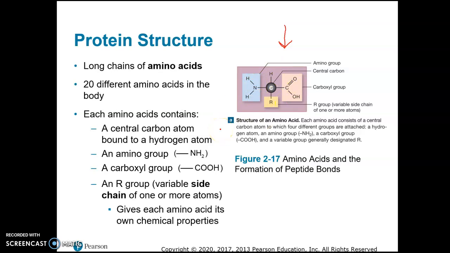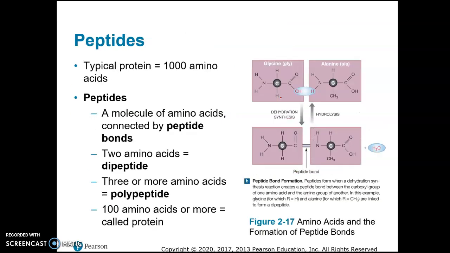Proteins are chains of amino acids, and they form by amino acids bonding to each other through what's called a peptide bond. That's when the amino group of one amino acid bonds to the carboxyl group of the other. Peptide bonds are another bond that we're learning now that link molecules together, and this time they form proteins.